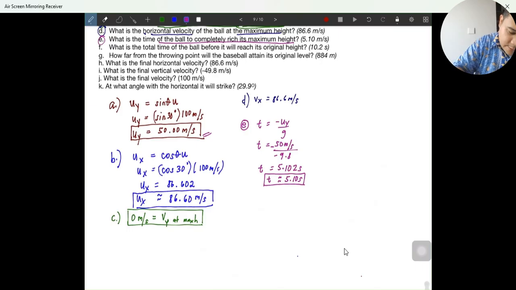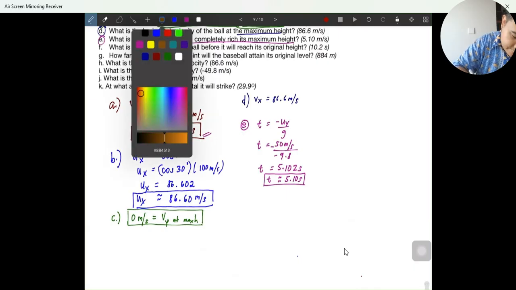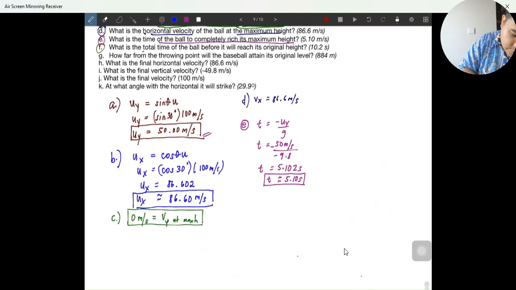Now how about for letter F? Let's look now at letter F. What is the total time of the ball before it will reach its original height? If you draw the projectile, the time going to the maximum height, this is the time, and the time going down would be the same.